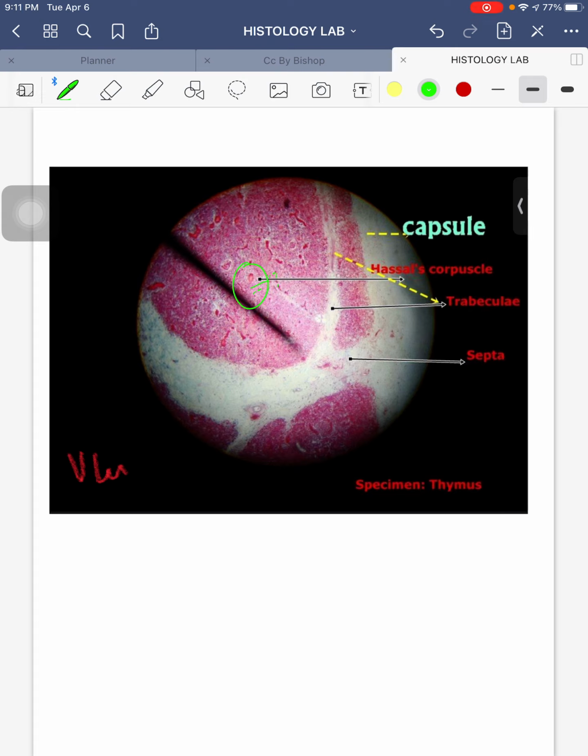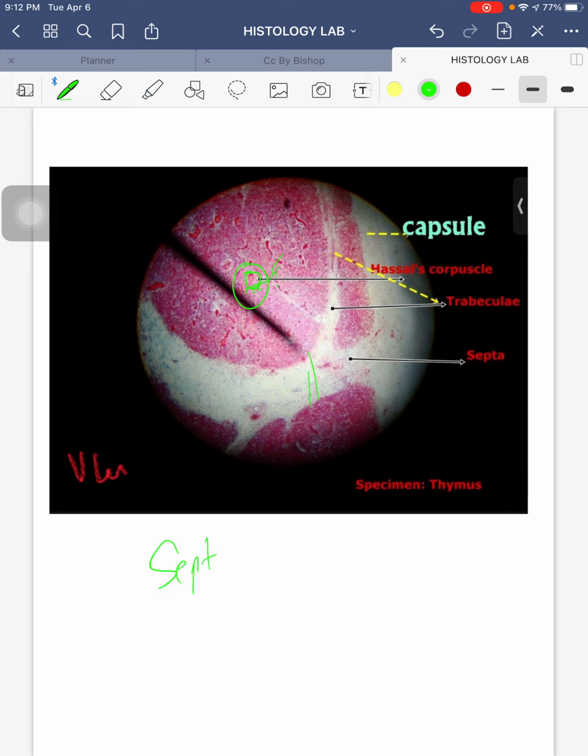This seems like an aggregate, no, it's a mass here. Lighter area means it's in the medulla. The mass is a Hassall's corpuscle. Hassall's corpuscle has probably more septations or is larger rather than your lymph node. So you answer thymus.